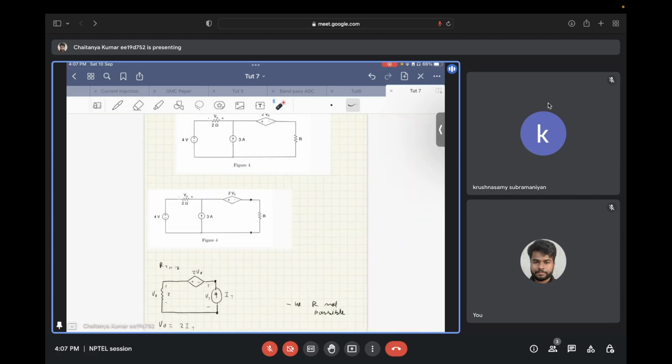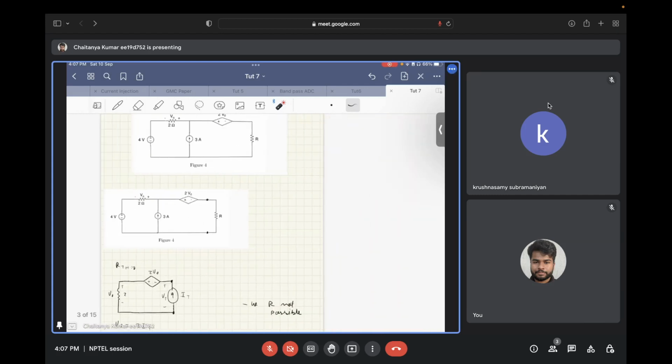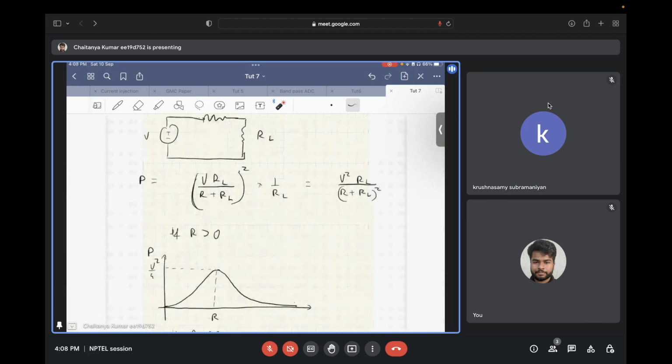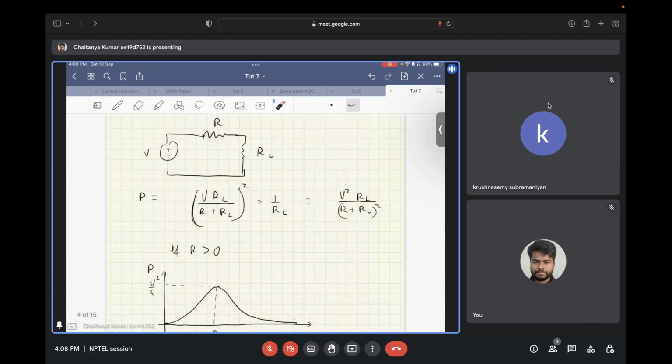So what will be the solution for this? Let's go back to the basics of the maximum power transfer theorem.